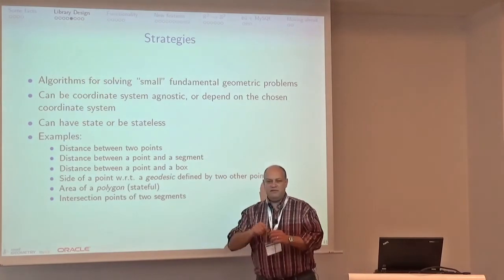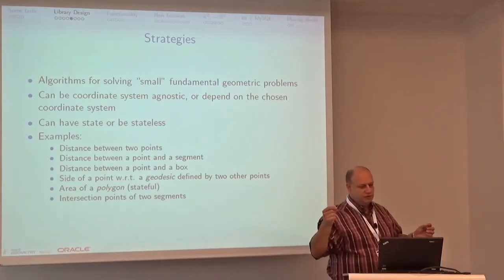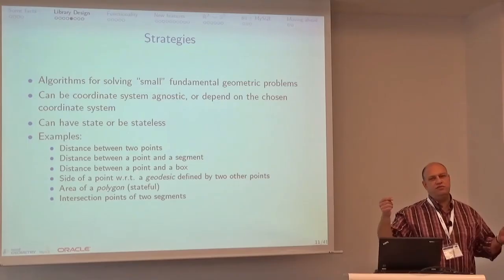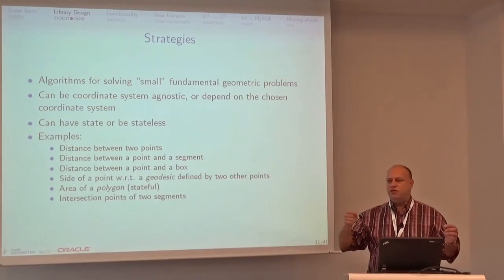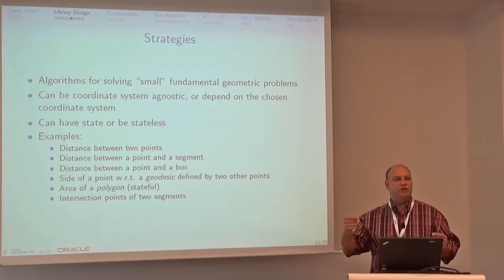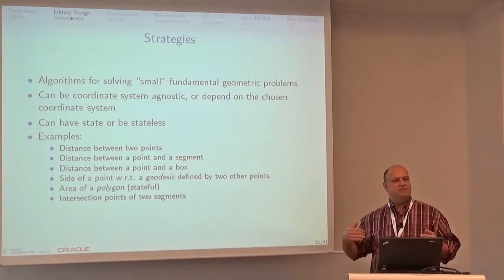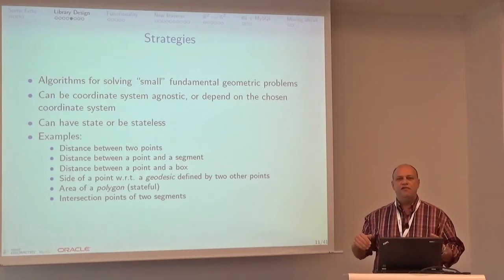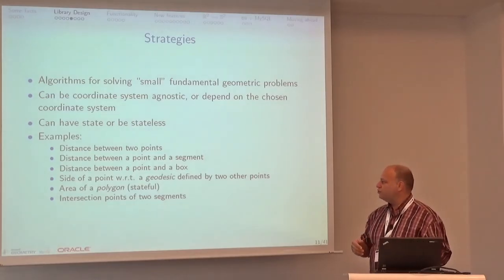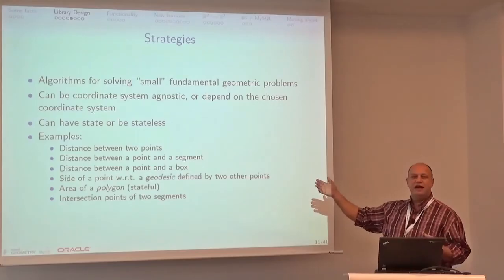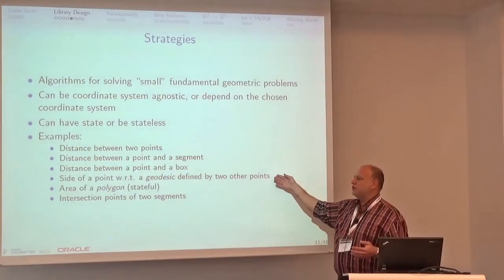Suppose now that you have a segment somewhere, either on the sphere or on the Earth or on the plane, and then another point, and you want to determine whether the point lies on one side of the segment, or the supporting line of the segment, or the supporting circle of the arc on the sphere, and so forth. This could be a sideness test, and this is one of the strategies that we have.